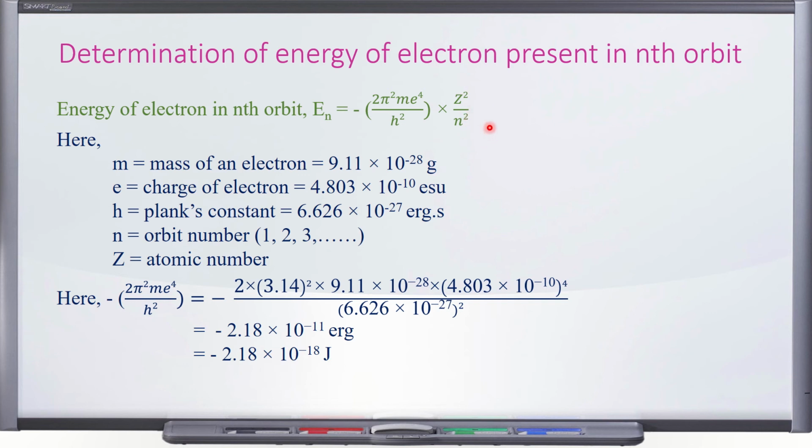You can convert it into SI unit, that is joule. You know that 10 to the power minus 7 joule equals 1 erg. So it will be minus 2.18 into 10 to the power minus 18 joule.